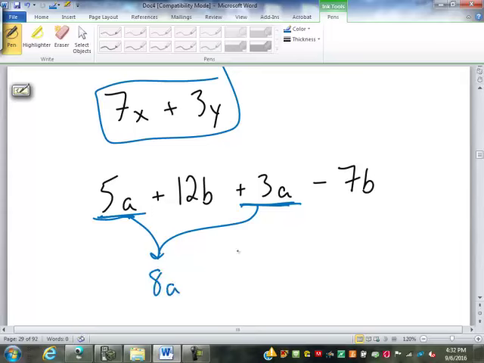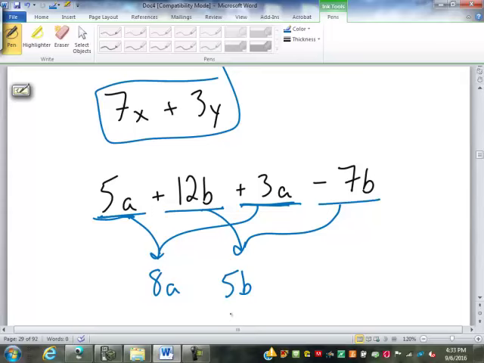Positive 8a. 5 plus 3. Now I have 12b, and I treat this as a negative 7b. What's 12 plus negative 7? Or 12 minus 7, either way, is going to be what? 5b.